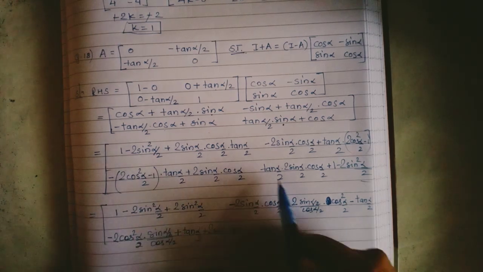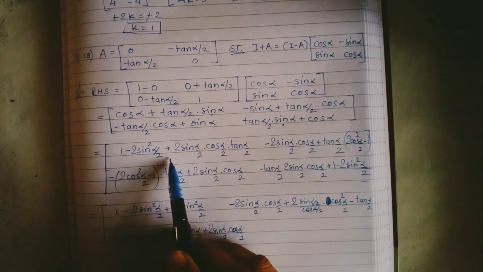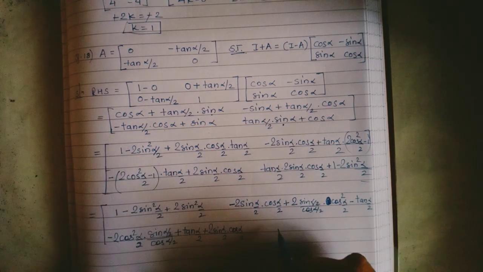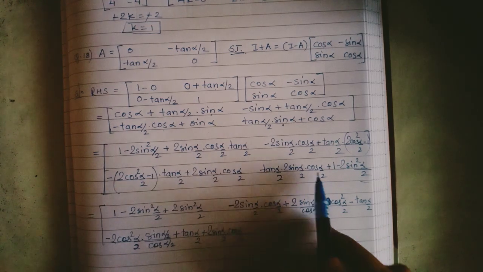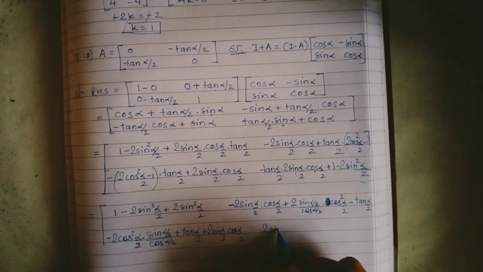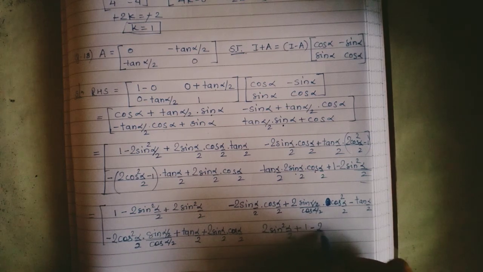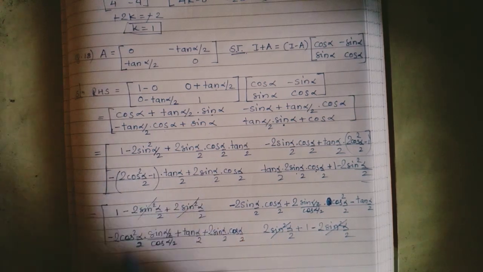Then here you will get the term same as the first term. That is tan alpha by 2, you can write sine upon cos, cos and cos gets cancelled, so you will get 2 sine square alpha by 2 plus 1 minus 2 sine square alpha by 2. So these terms can cancel.